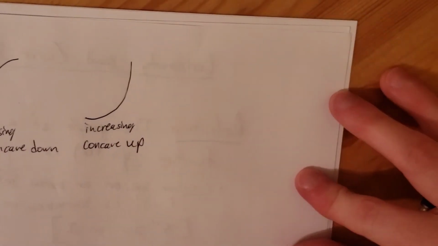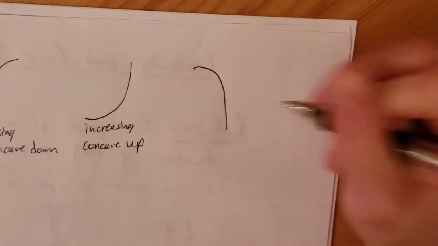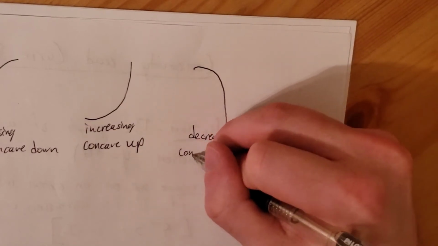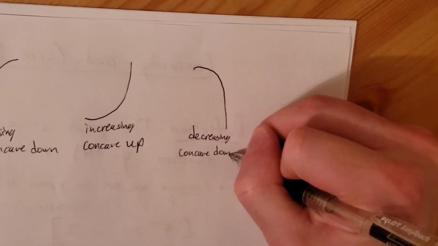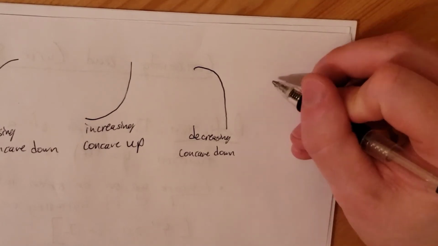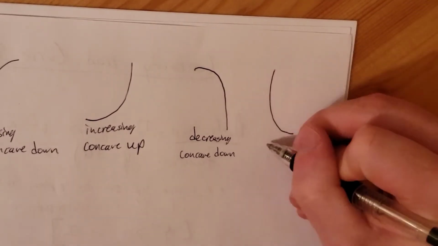If we have an interval that is decreasing and concave down, we get something that looks like this. And if we have an interval that is decreasing and concave up, we get this.